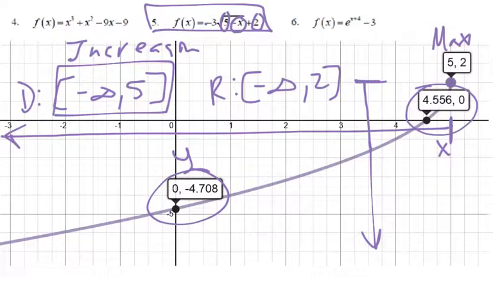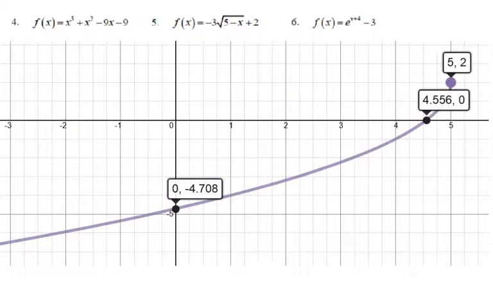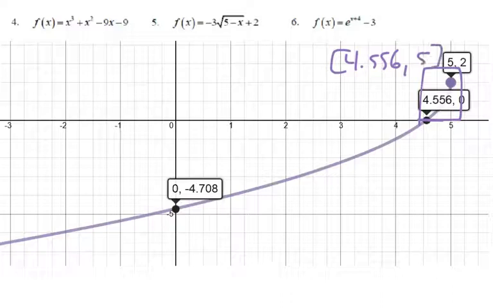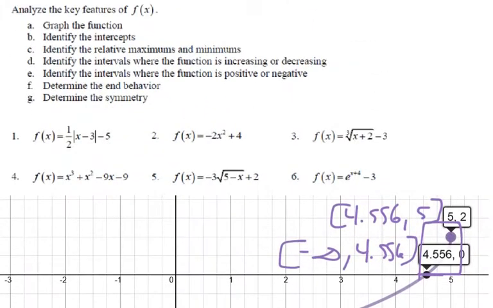Let's do positive and negative first. It's only positive from here to here, so positive would be from 4.556 to 5. I'm writing them backwards, aren't I? So negative would be from negative infinity to 4.556. Are we getting them all?